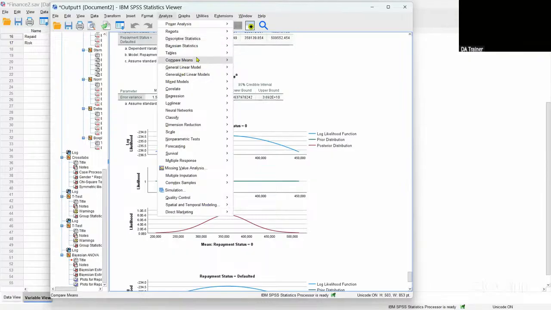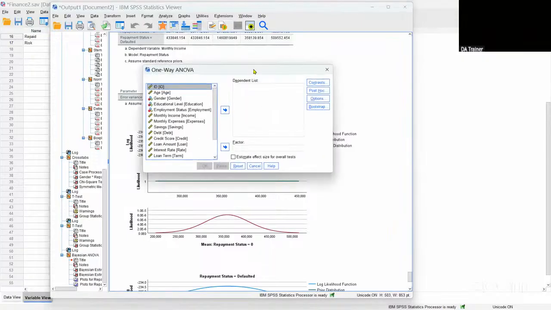But as you are checking that, let's also look at compare means, using instead of the Bayesian one way, the normal one way we have here. We just put in monthly income, and then we look at educational level into factors.